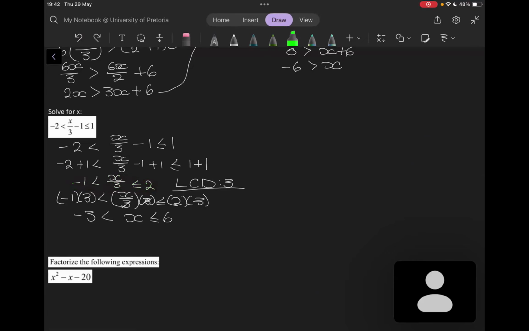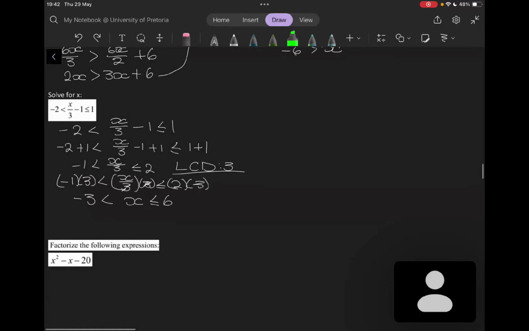After we got that, we multiplied everything by our LCD, which is 3, and that's how we ended up with that there. After doing that, we just simplified it and ended up with -3 is less than x, which is less than or equal to 6. I hope that explanation clarified it for everybody.